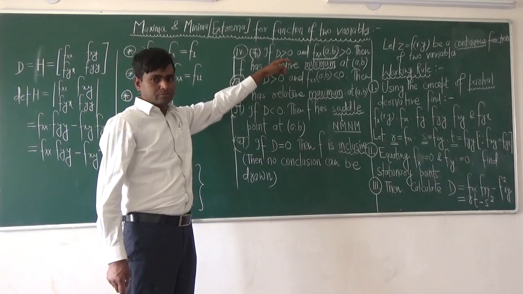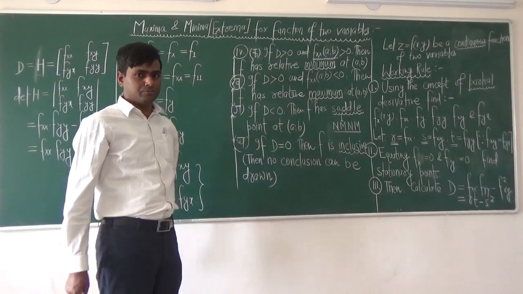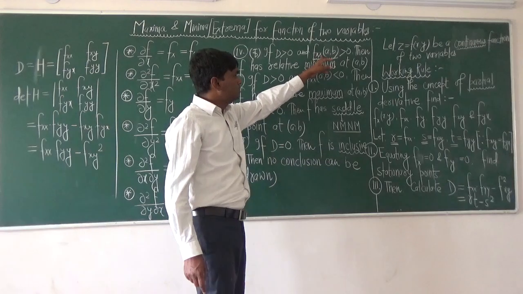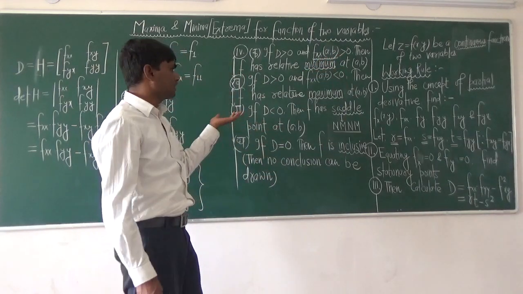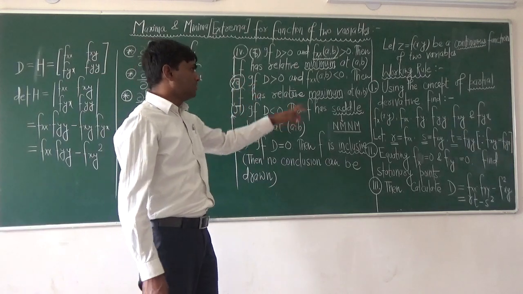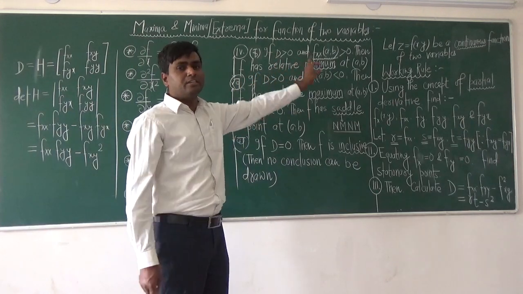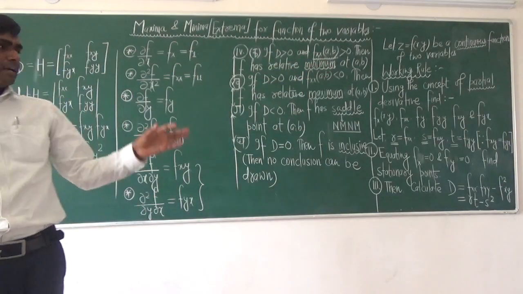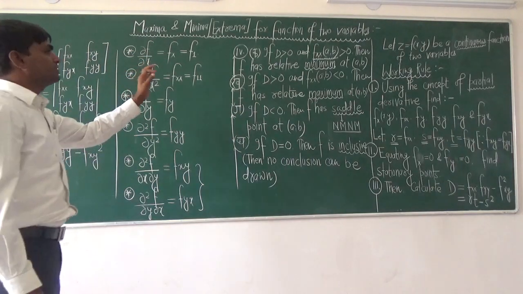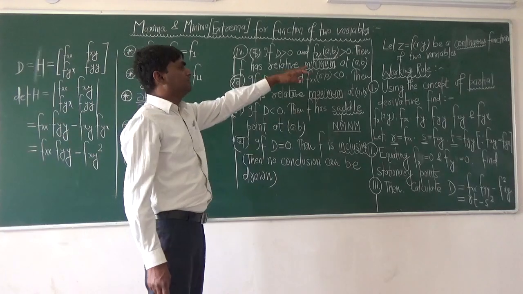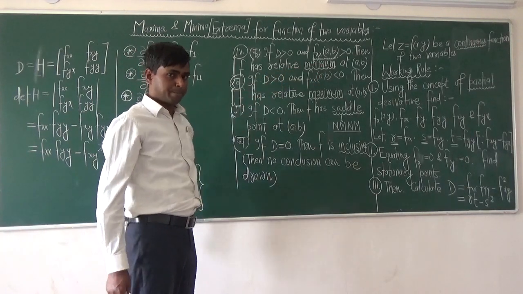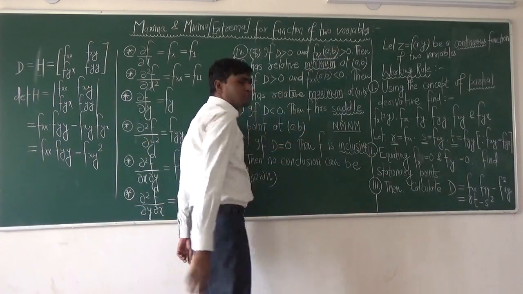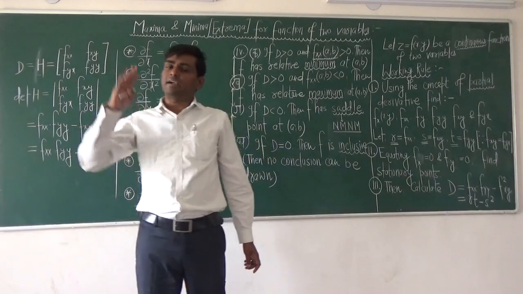If d is greater than 0, it means the discriminant is positive, and the second derivative with respect to x is also positive, greater than 0, then the given function has a relative minimum at the given point. If the point is (a, b), then we can say that f has a relative minimum at (a, b). fxx(a, b) behaves like the coefficient of x square in a quadratic equation.